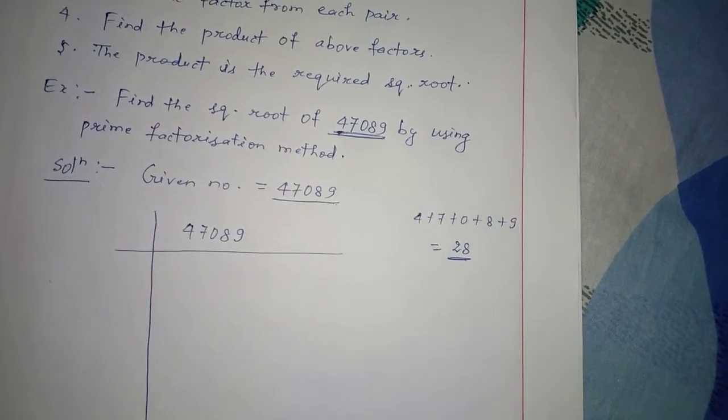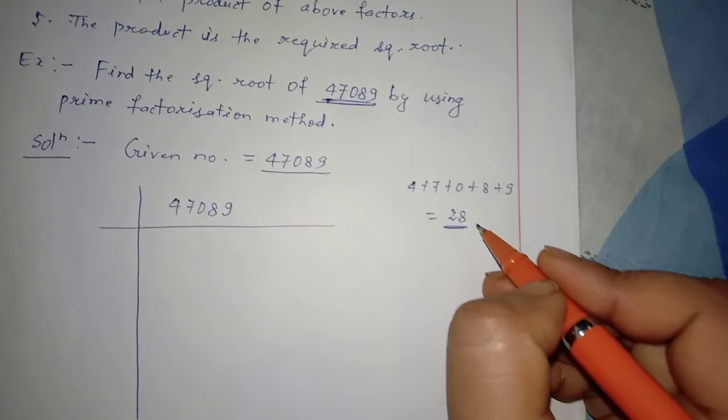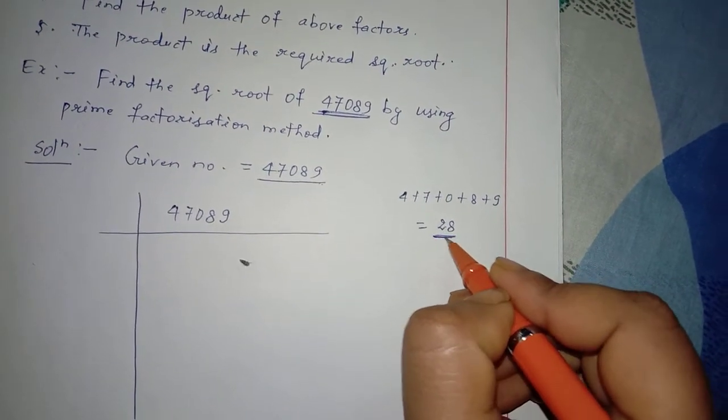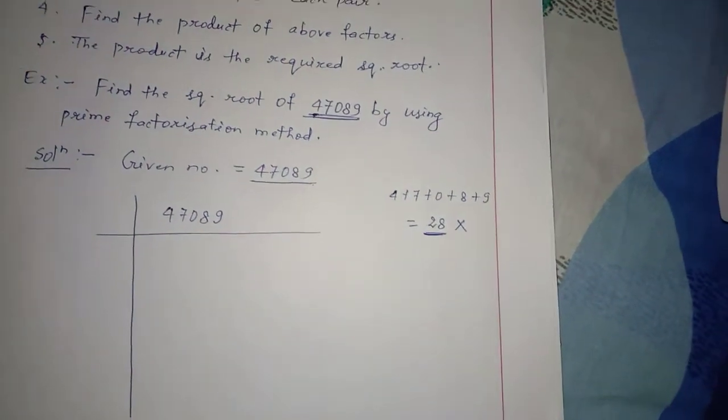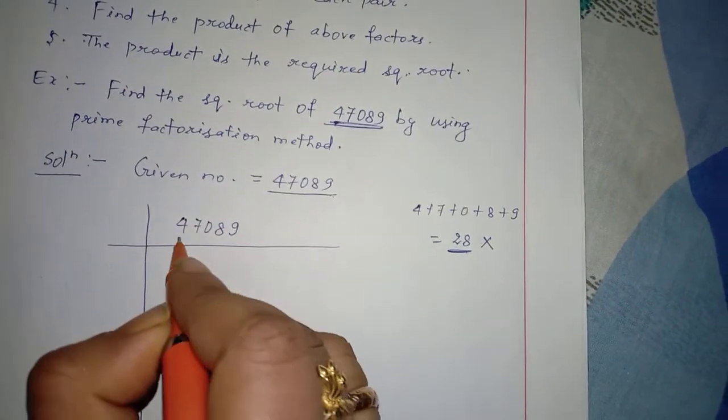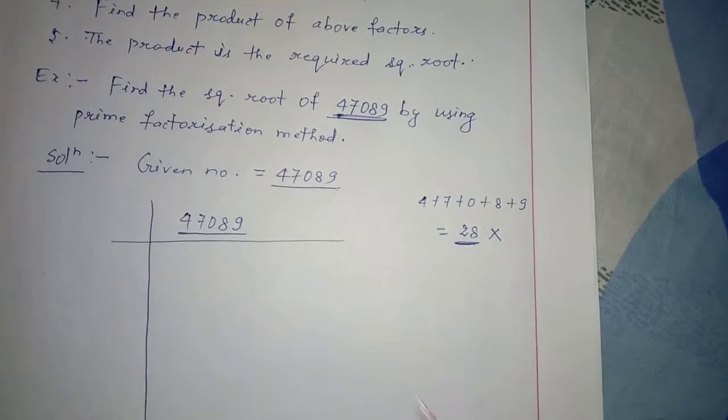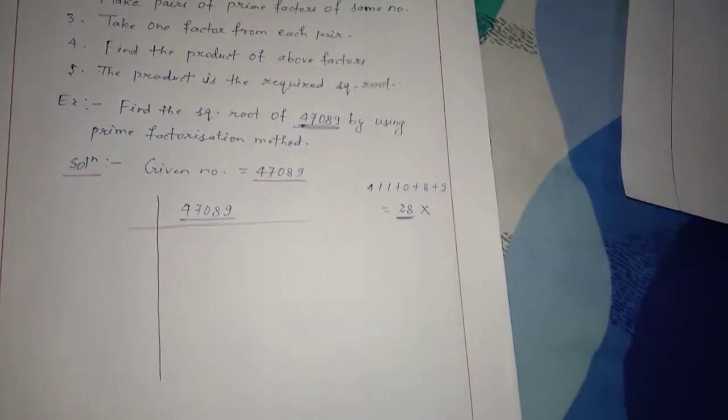Is 28 a multiple of 3? No, this is not a multiple of 3. It means this whole number will not be divided by 3.